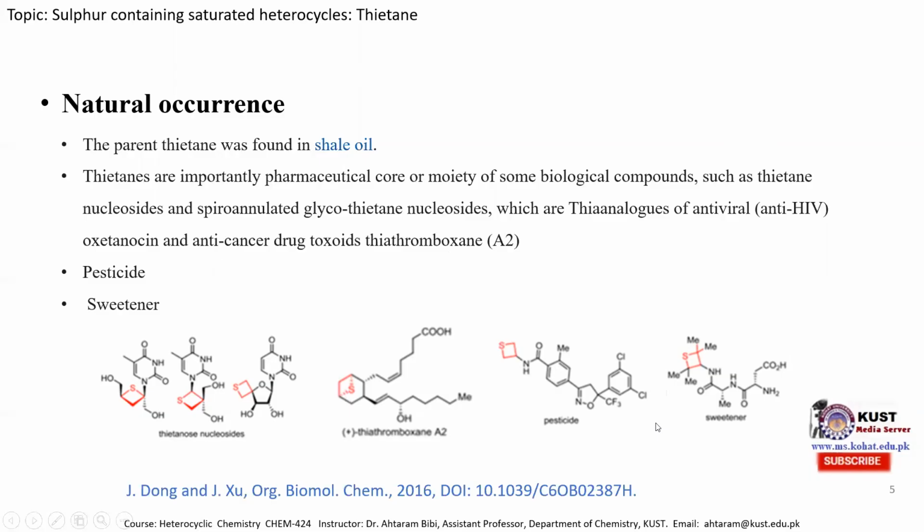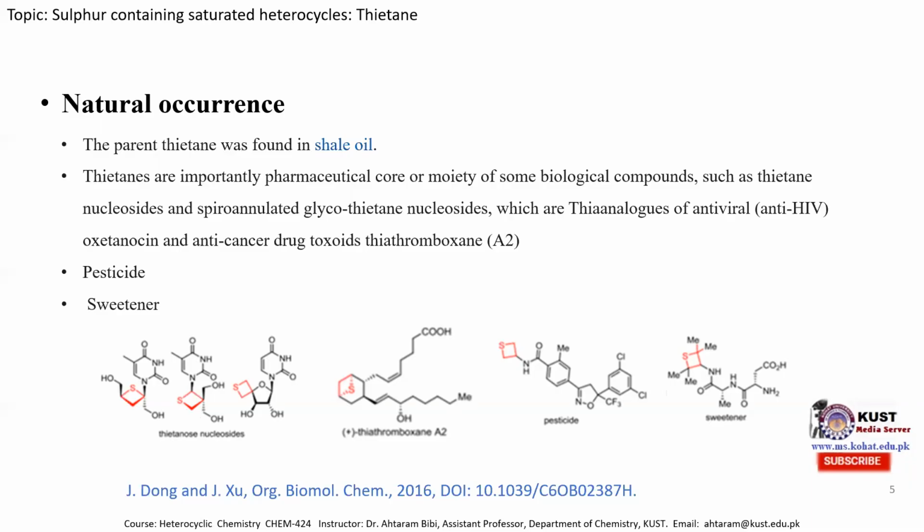This natural occurrence is reported in Organic and Biomolecular Chemistry, published in 2016, that the Thietane molecule is obtained from shale oil, as well as being present in these natural nucleosides and other molecules. Now this is the natural occurrence of the Thietane molecule.